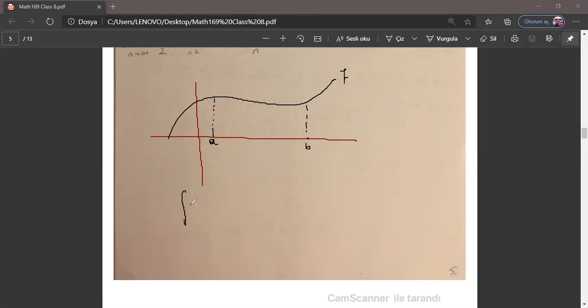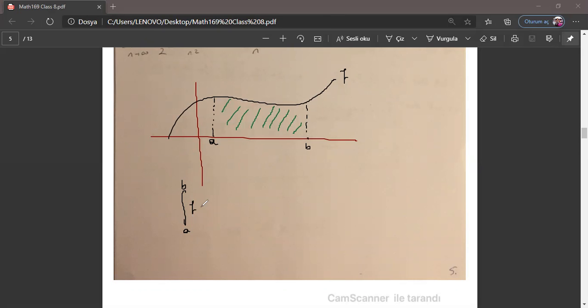So the integral of f on the closed interval a, b represents the area below the curve, below the graph of the function.